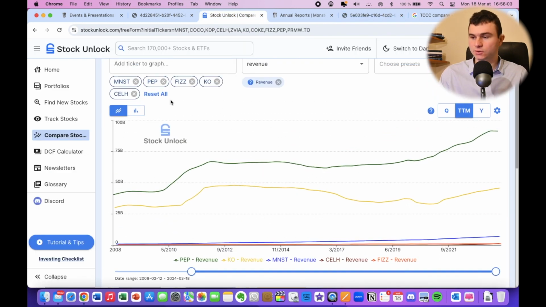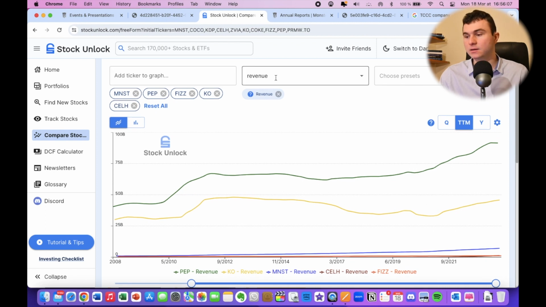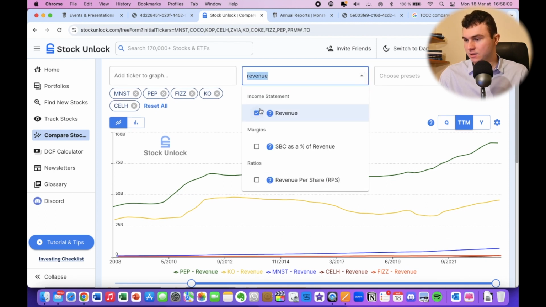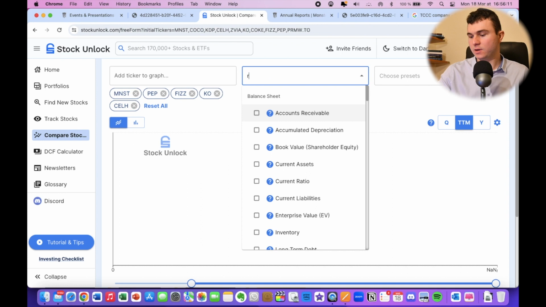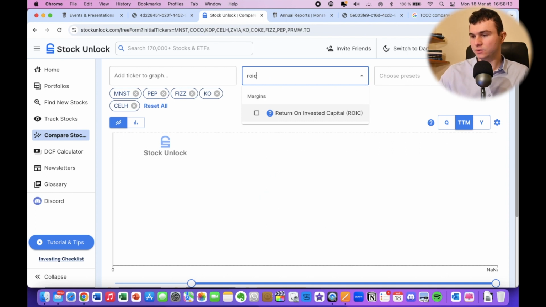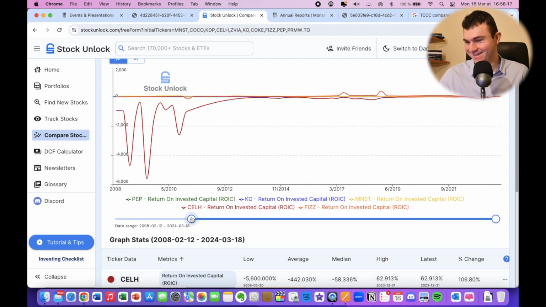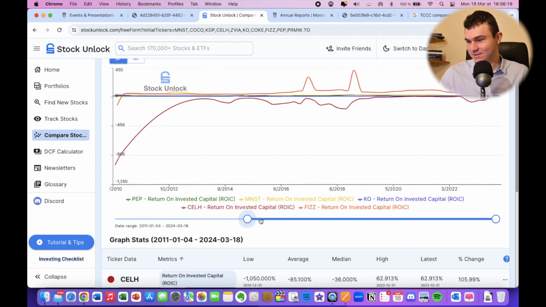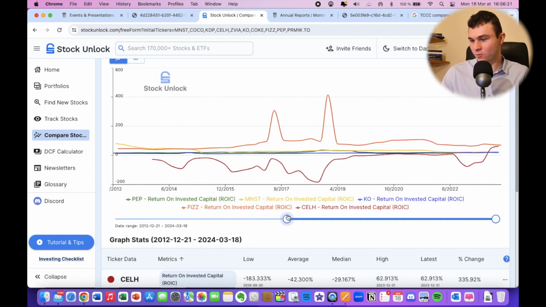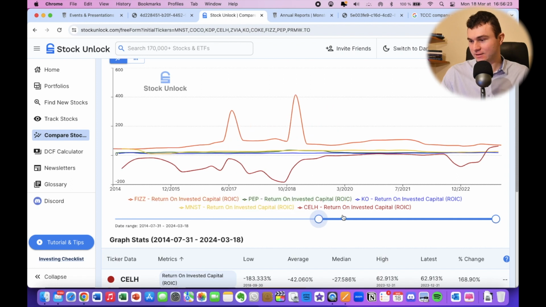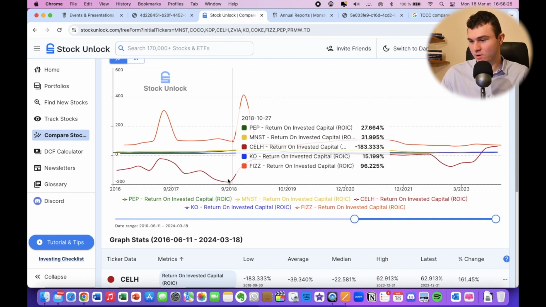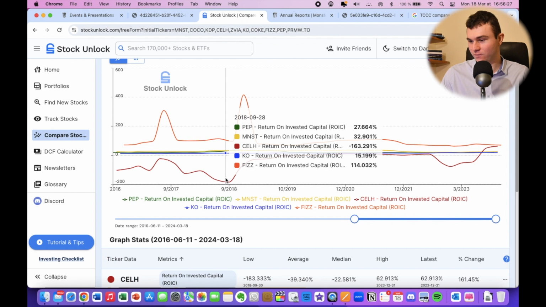What you can also do is compare these companies, the main competitors, and compare the returns. Let's just write ROIC like here. Okay, wow. Let's just see what we have here. Oh, we have minus 200 for Celsius.